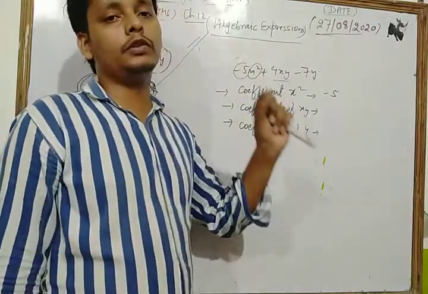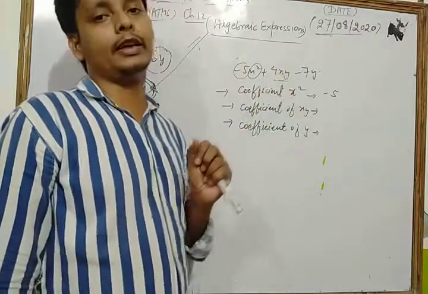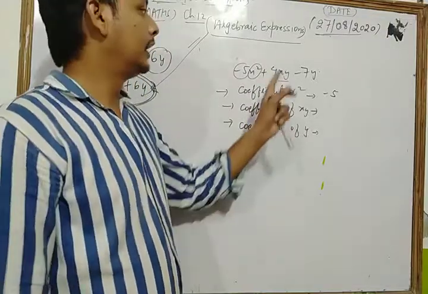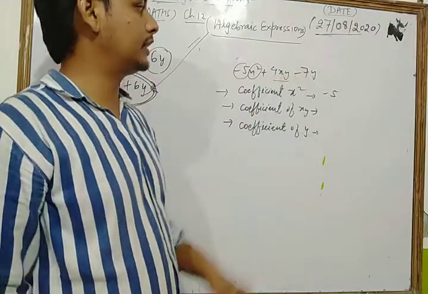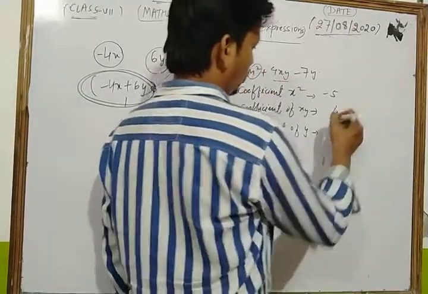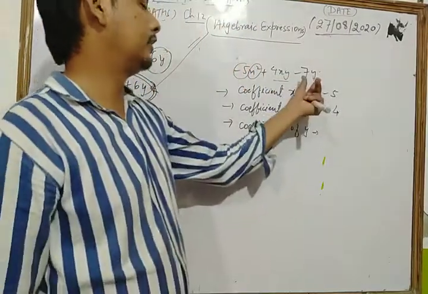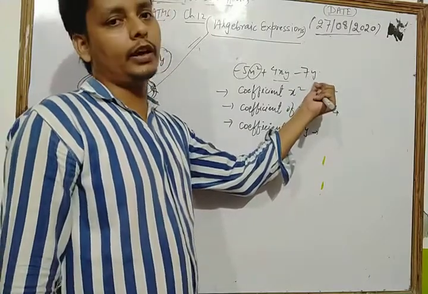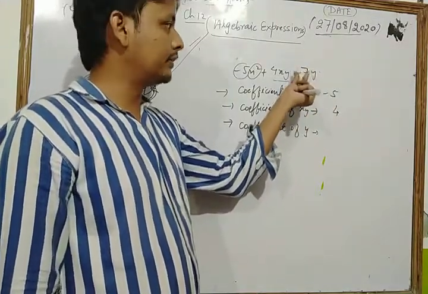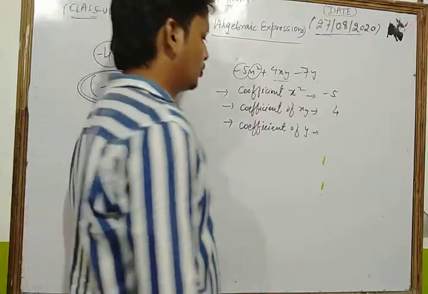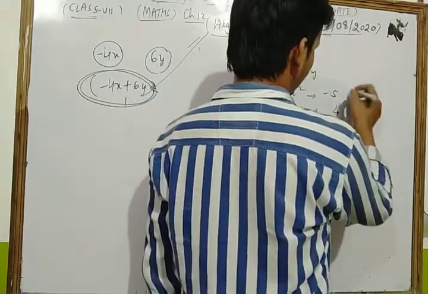Any constant value in the product of variables is known as its coefficient. Here the constant value is plus 4, so the coefficient of xy is +4. Now what is the coefficient of y, dear students? Your answer is -7. So here the coefficient of y is minus 7.